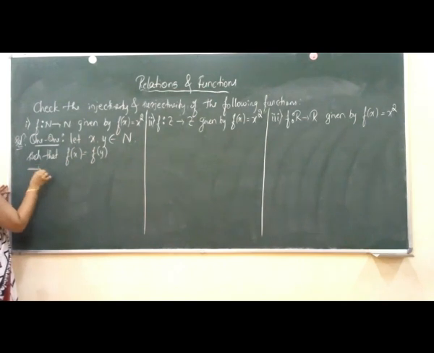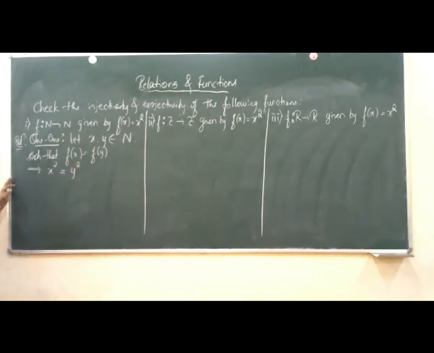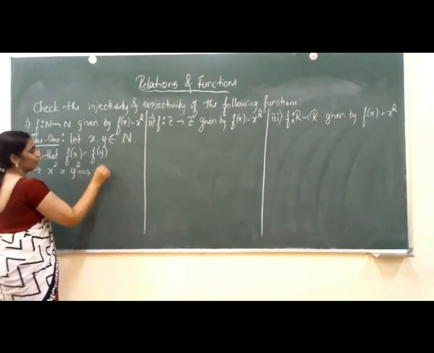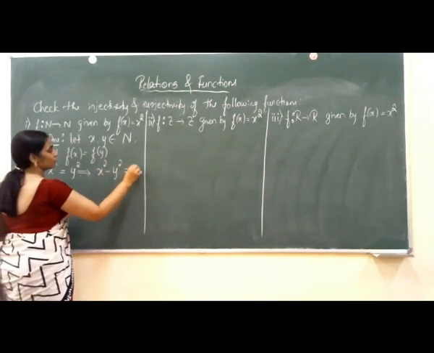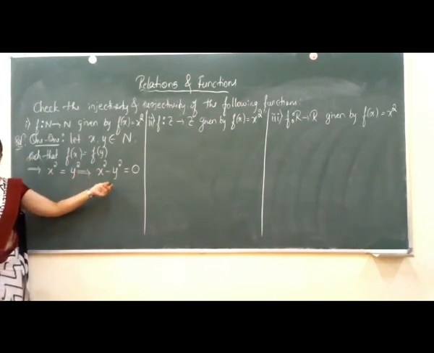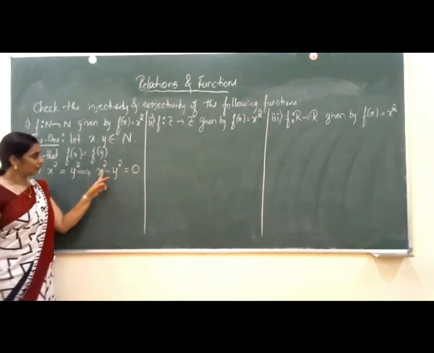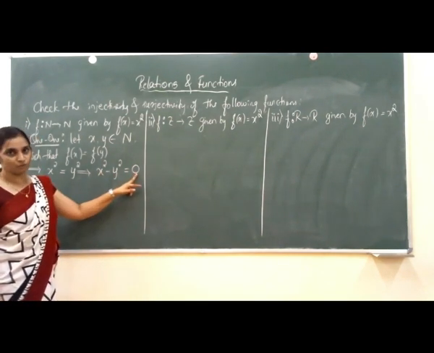That implies x square is equal to y square. Or you may write x square minus y square is equal to 0. Directly also we can take the square root and get x is equal to y.